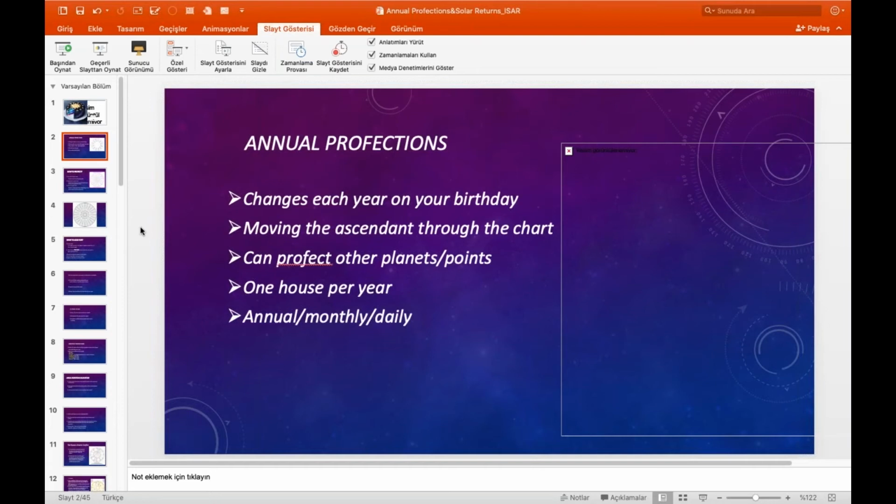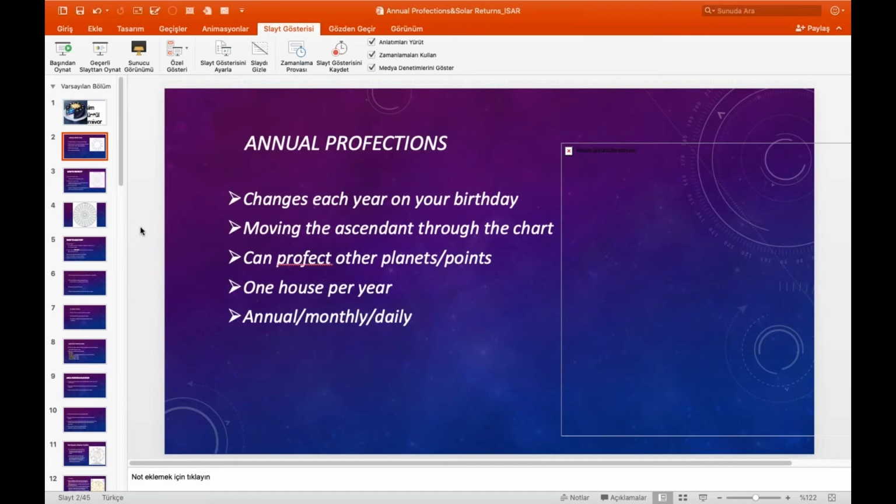And annual profections changes each year on your birthday. And when we move from the ascendant through the chart, we move one house each year. You can also profect other planets, points. This is also possible.